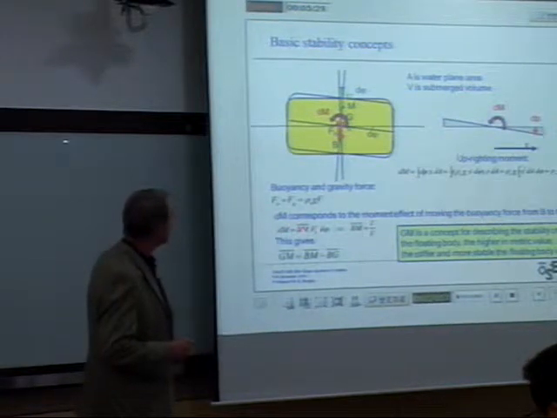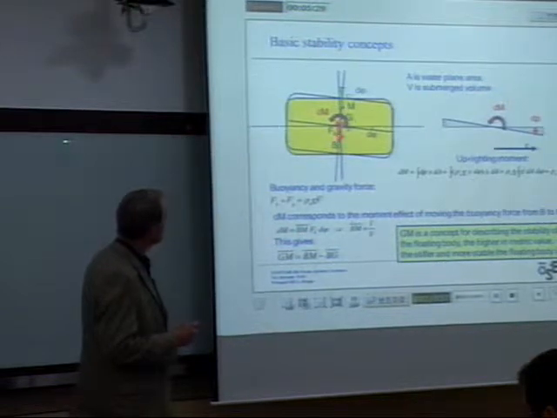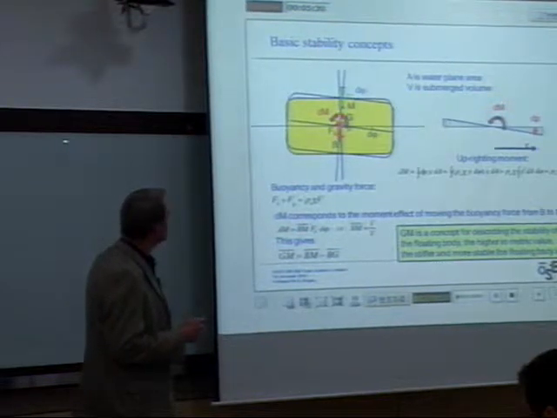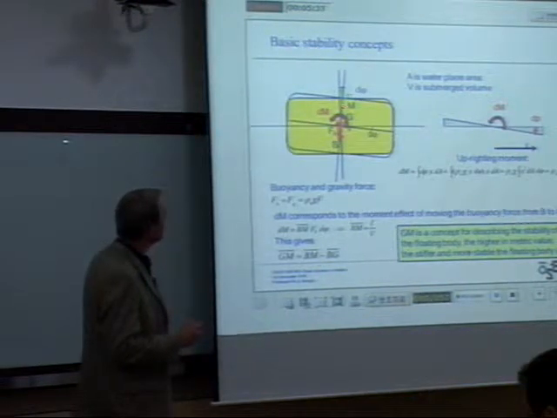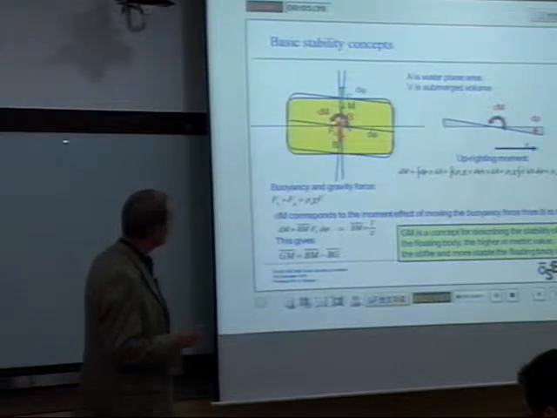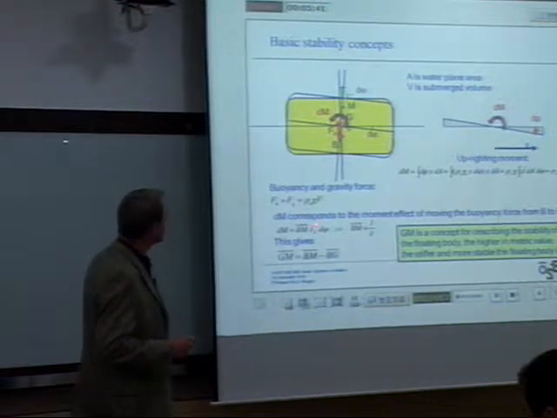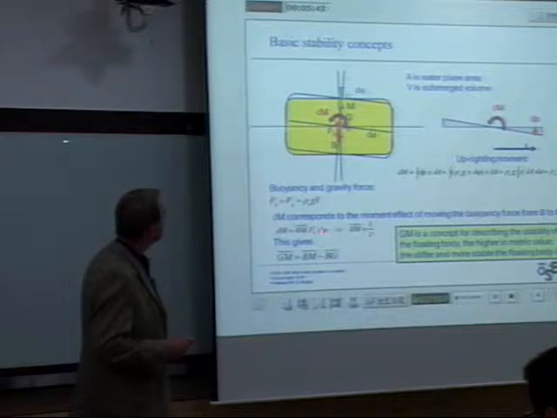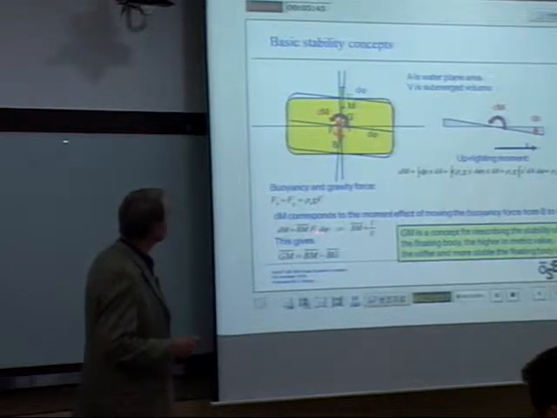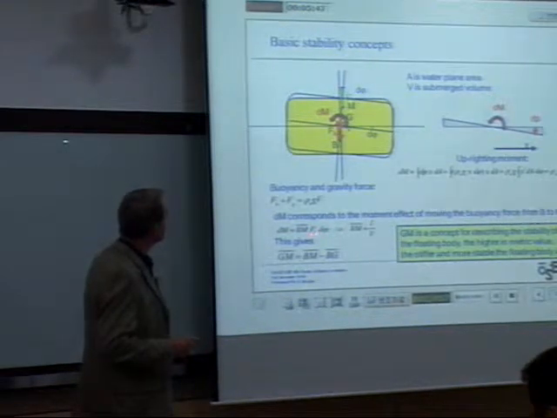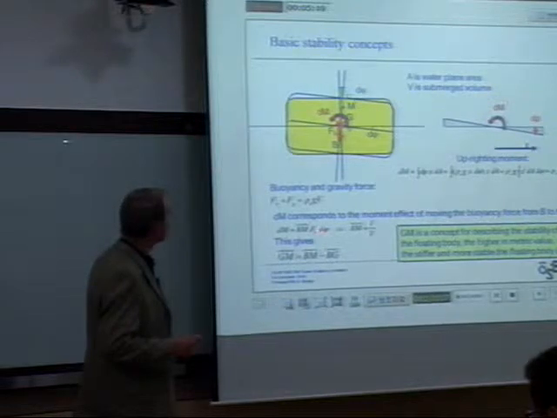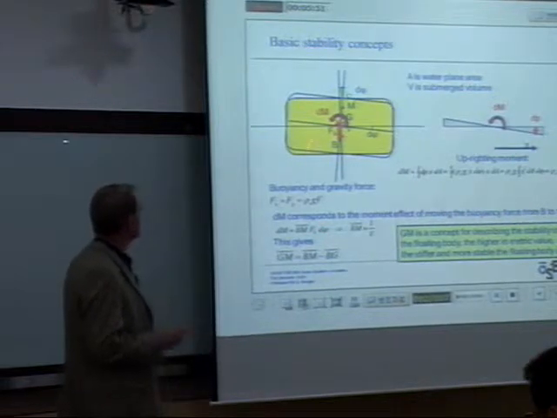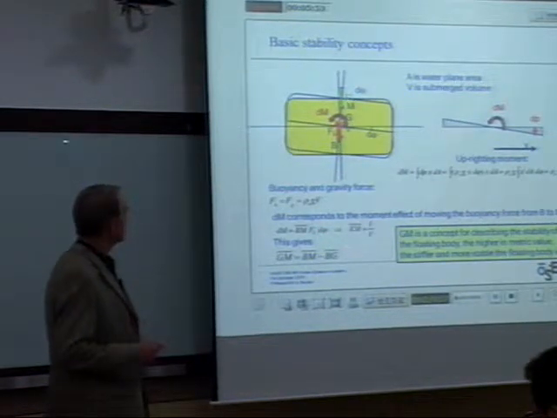Similarly, if we take the buoyancy force and we take the distance from B to some unknown point M, where the corrected buoyancy force will go through, that's BM times d phi, and the force Fb gives that moment contribution.